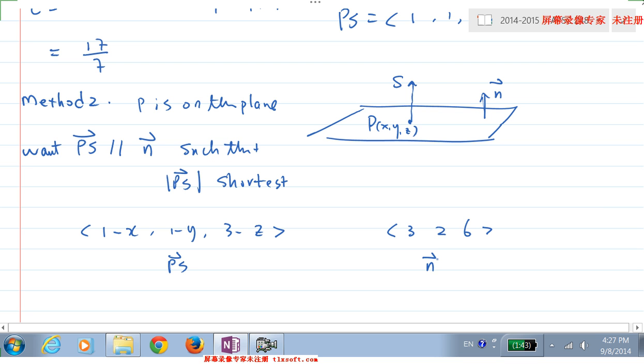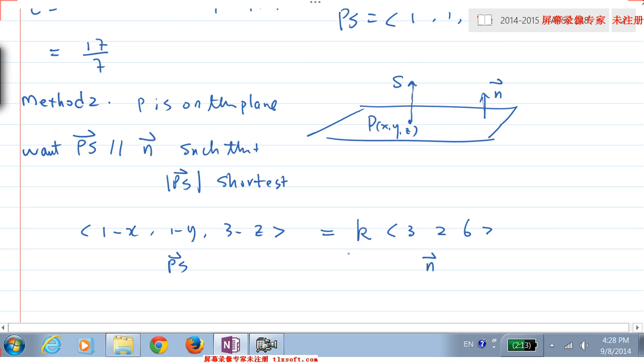In mathematics, when two vectors are parallel to each other, they only differ by a scale k. If k is a positive number, they point in the same direction. If it's negative, they point in different directions. If k is not 1, they differ by a certain length ratio.